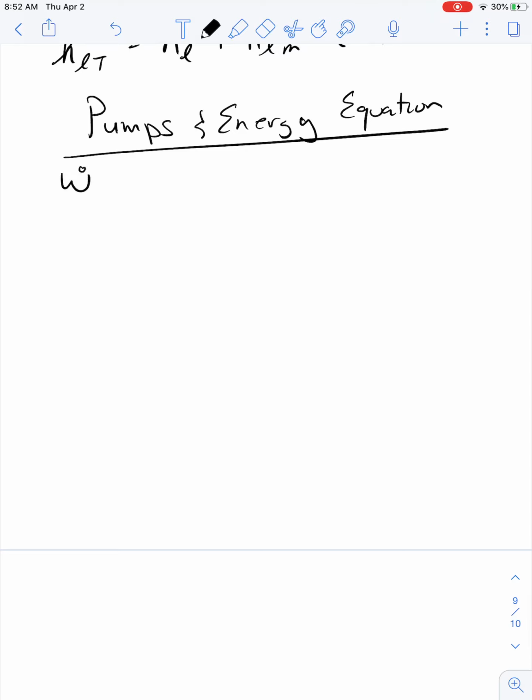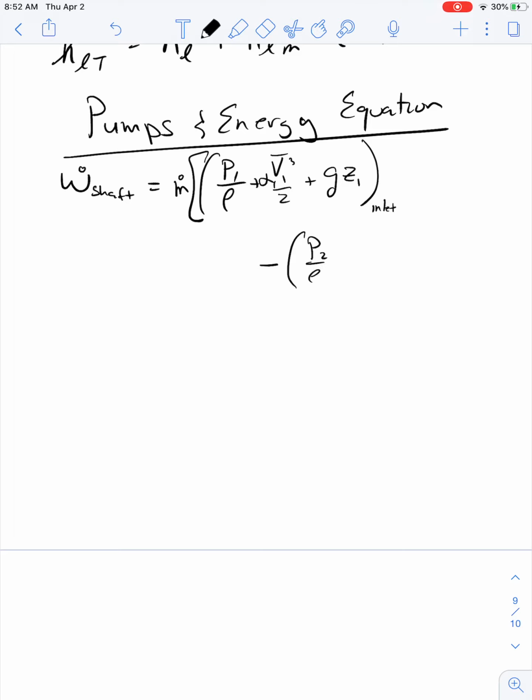If we have our classical energy equation, W dot shaft, because it's a pump, is going to be equal to m dot times P1 over rho plus alpha V1 squared over 2 plus g Z1, which we'll call the inlet, minus, with a big bracket so I don't have to draw the m dot again, our exit, the second point: P2 over rho plus alpha V2 squared over 2 plus g Z2, at our outlet. Normally we divide this by m dot times g, but here I'm multiplying both sides by m dot.